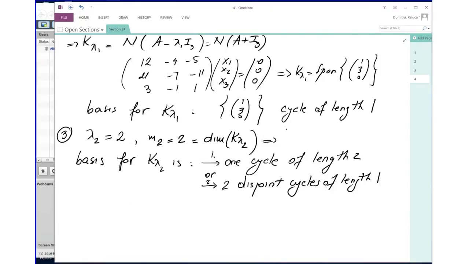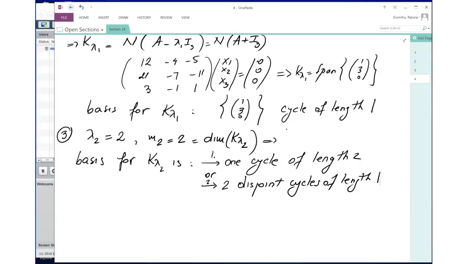And at this point, you would have to be able to choose. Now, how do you choose? Well, what's the difference between 1 cycle of length 2 and 2 cycles of length 1? The difference is that the cycle of length 2 contains a single eigenvector, right, that initial vector. 2 cycles of length 1 are 2 vectors, right, 1 in each of them eigenvectors, correct?